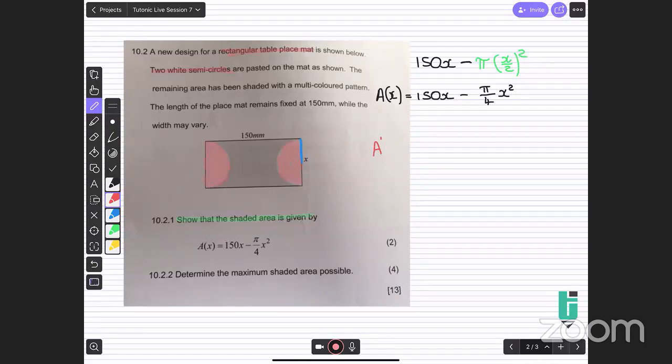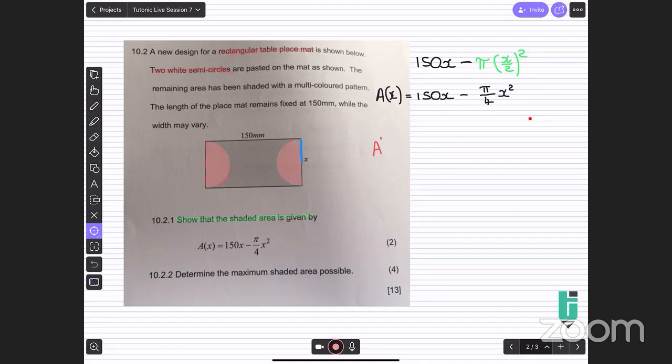Is the turning point always a maximum? No, it can be the minimum also. How do you know that this is going to be a maximum? Just from the equation. What type of graph is this? A parabola. What type of parabola?